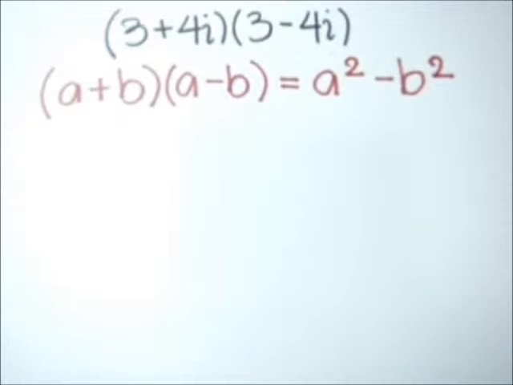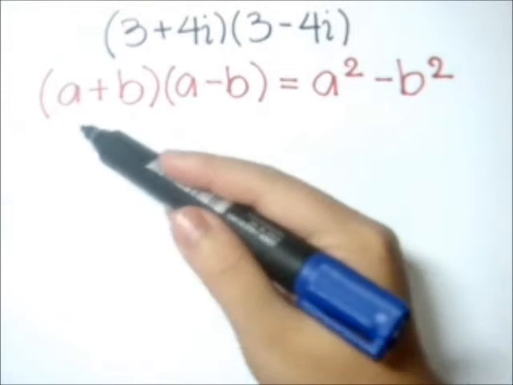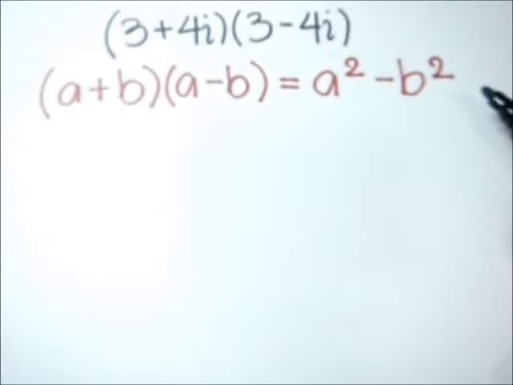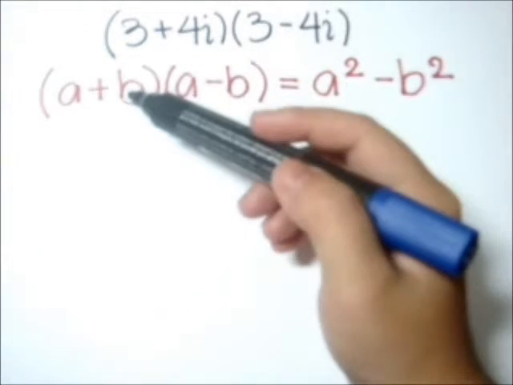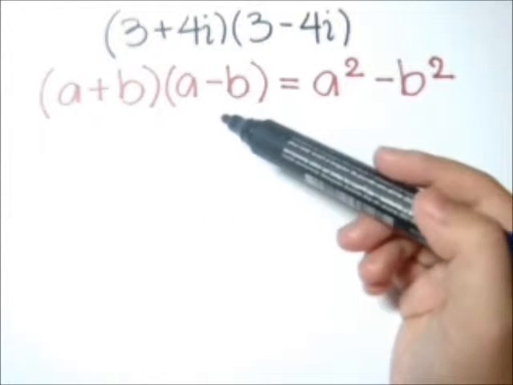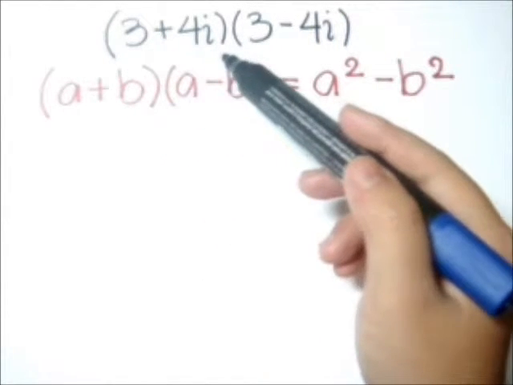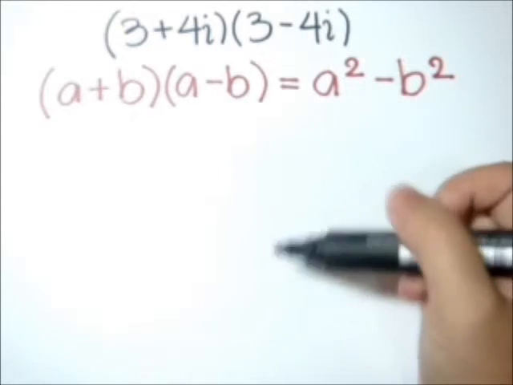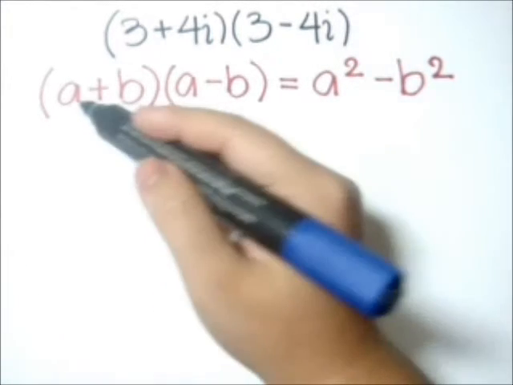We are going to look at the same equation again, which is (3 + 4i)(3 - 4i). As you can see, we also have the concept of the difference of two squares here. We can see that (a + b)(a - b) looks the same as (3 + 4i)(3 - 4i).